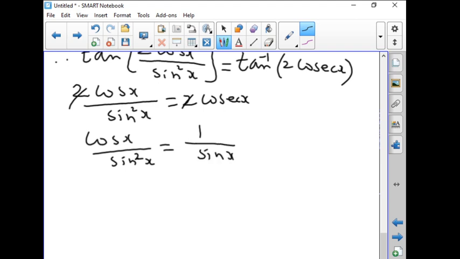So, here we cannot cancel sin x, you must not cancel, because we must get 2 values for x. If you cancel, you will get only one value. So, remember that here we should not cancel sin x. So cross multiplying, what do you get? Cos x sin x is equal to sin square x.